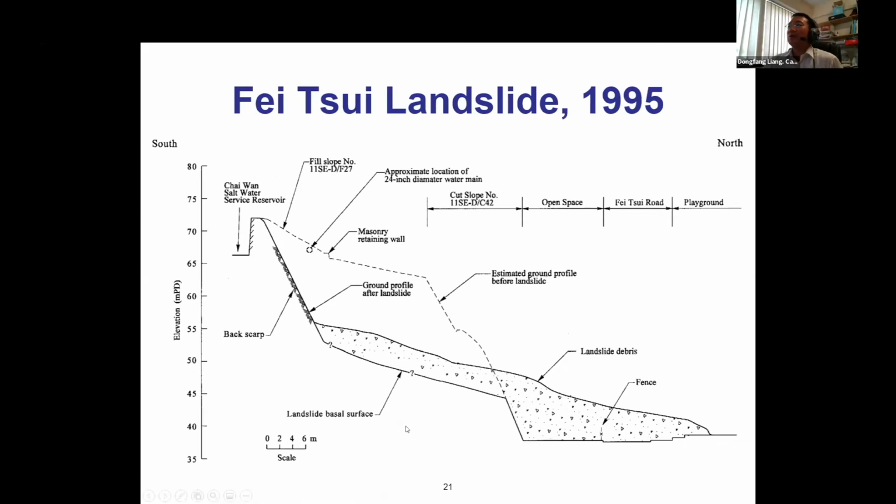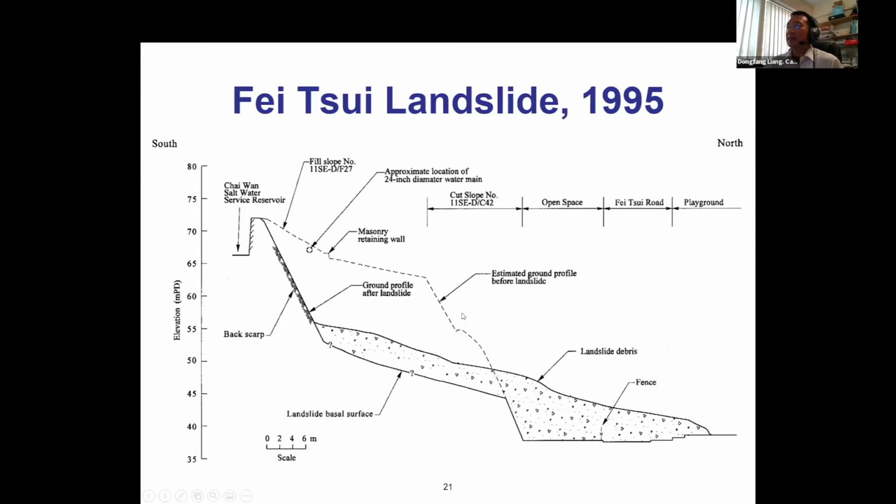We have also used the SPH model to simulate a real landslide phenomenon in Hong Kong. So the initial profile of the ground is this dashed line. In Hong Kong and other mountainous cities, in order to create more flattened area for property development, people make cut slopes.